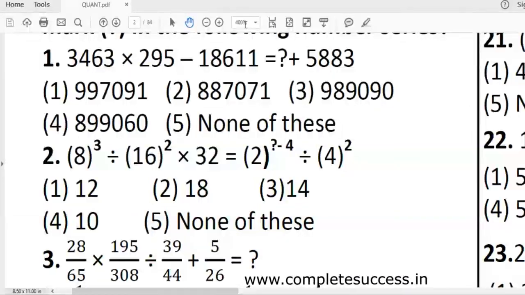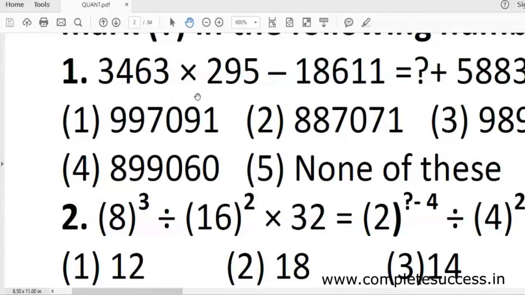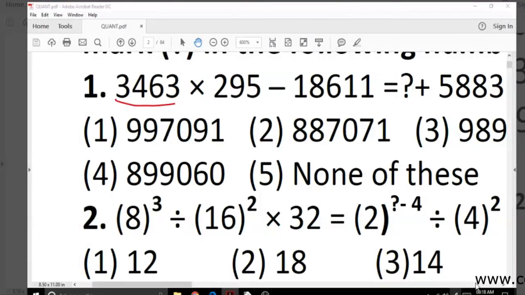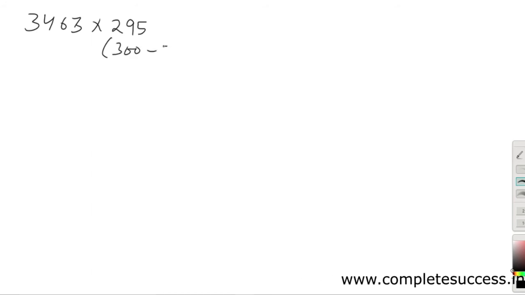If we check this first question, in this there is a multiplication of 3463 into 295. So instead of multiplying 3463 with 295, it is better if we do 300 minus 5.